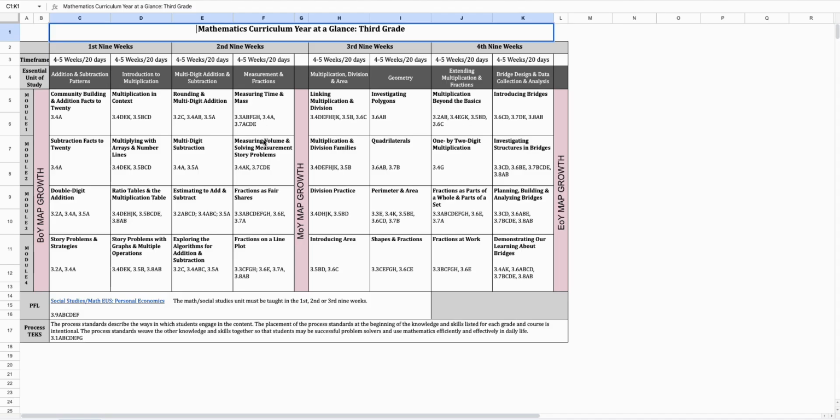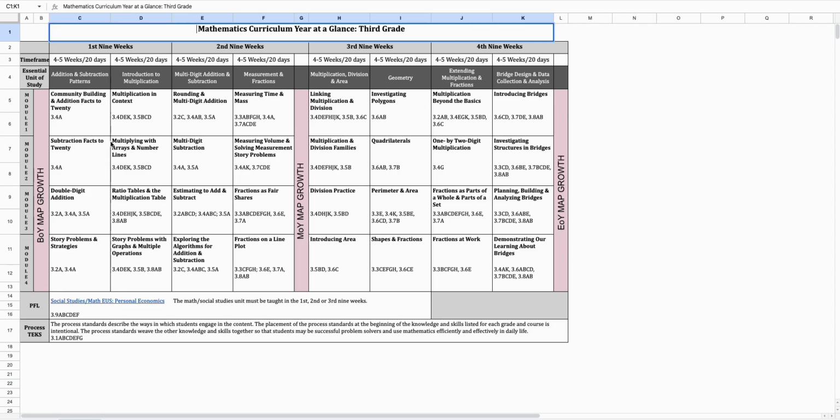In the third grade curriculum, you can see in the first 9 weeks, in basically 20 days first, we'll start doing addition and subtraction, like how to do it, memorizing and starting to do it faster. Then we go to addition facts to 20, so we start doing harder problems and bigger numbers.